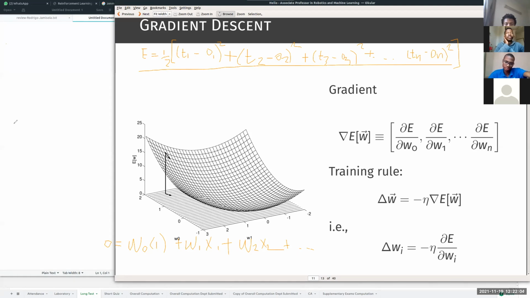Let's say we are doing an experiment, and this experiment gives us inputs of maybe X1 is the temperature, then X2 is the wind speed, and probably X3 is lighting, sunlight.